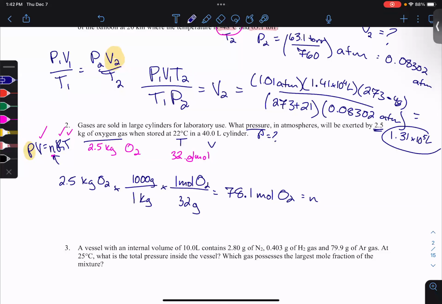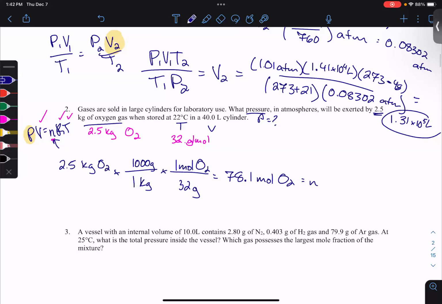So this is my n variable in PV equals nRT. And then I can just go ahead and plug that in. So what am I solving for? Pressure. So pressure equals nRT over V. Now I know all of those variables. n is 78 moles, 78.1, whatever.